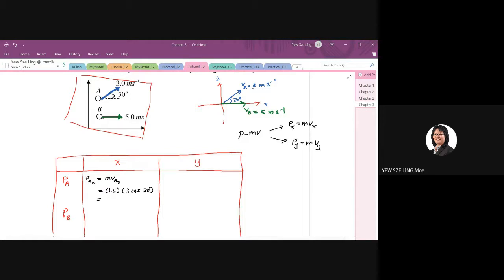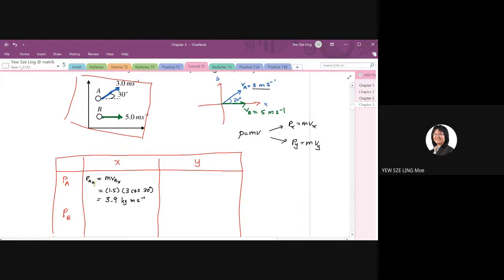If you calculate it correctly, what are you going to get? You're going to get 3.9 kg m s^-1. So this is for PAx.